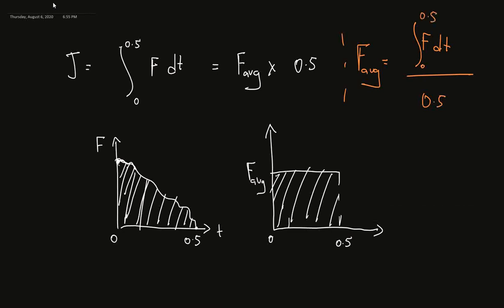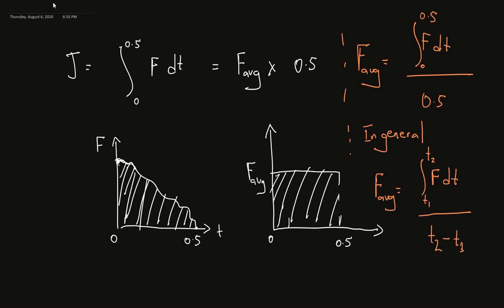Or in other words, in the most general case, F average equals the impulse, the average force exerted on a particle in the time interval from t1 to t2 is given by the impulse just divided by the time interval, okay?